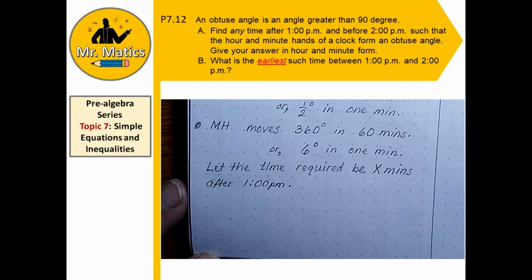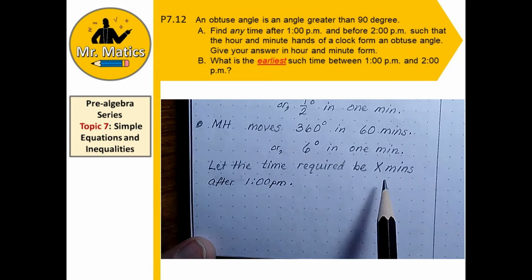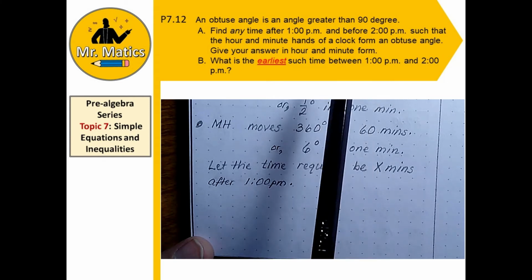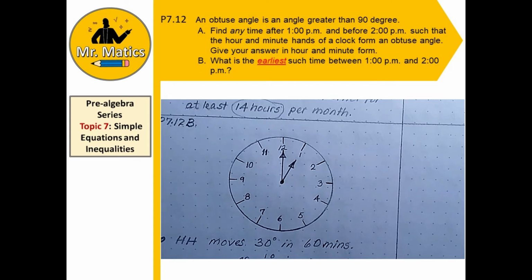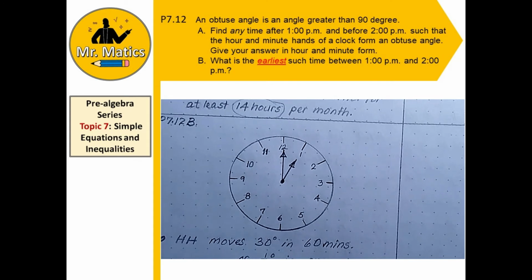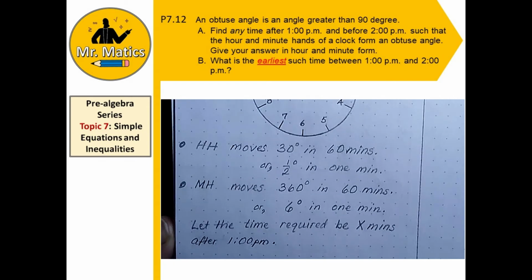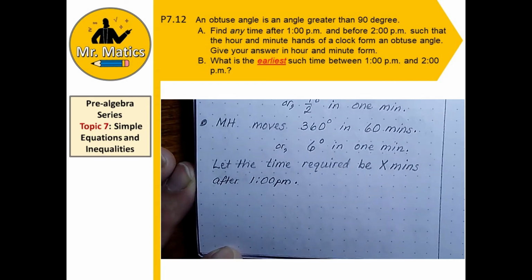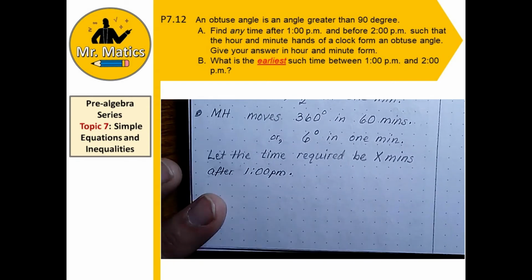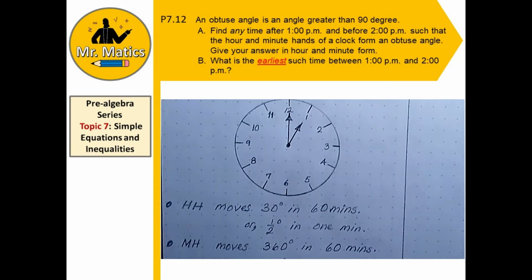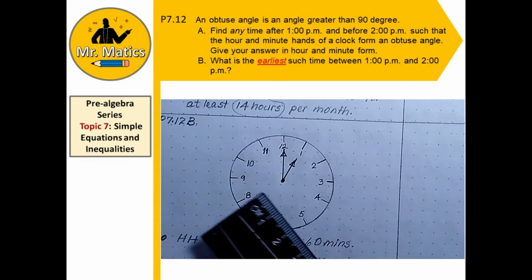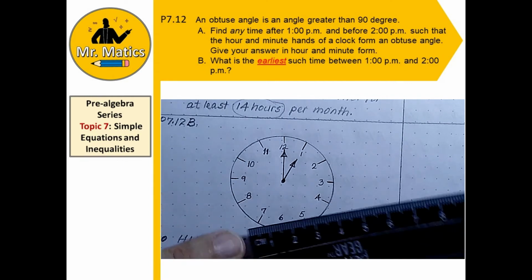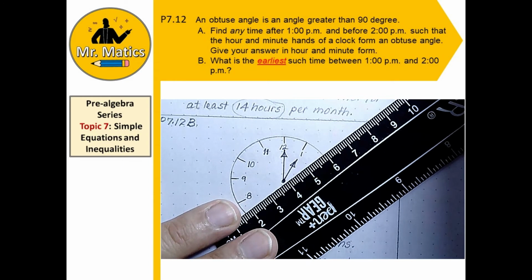So this statement means basically that at x minutes past 1, you have a 90-degree angle between the hour hand and the minute hand, and right after that you start having an obtuse angle. So how much movement has happened? Let's put some dotted lines for that. Let's say the hour hand has moved to this position.